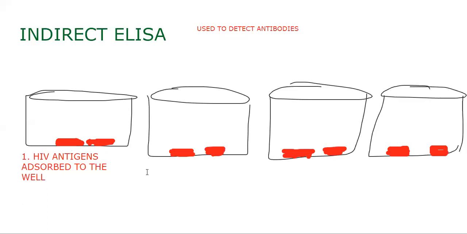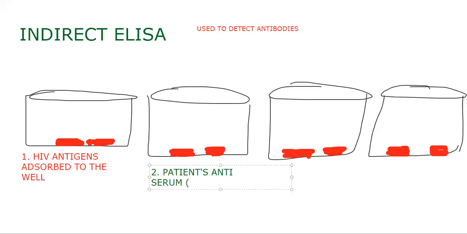Next, the second step: we need to add the patient sample, for detecting the antibodies. If he is infected, he may develop antibodies, isn't it? So that's why we add the patient's anti-serum, the serum which contains the specific antibodies.